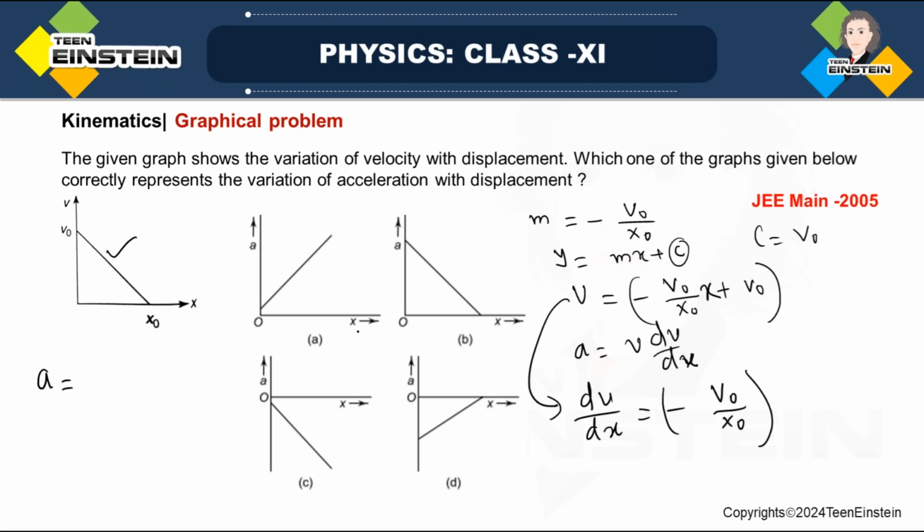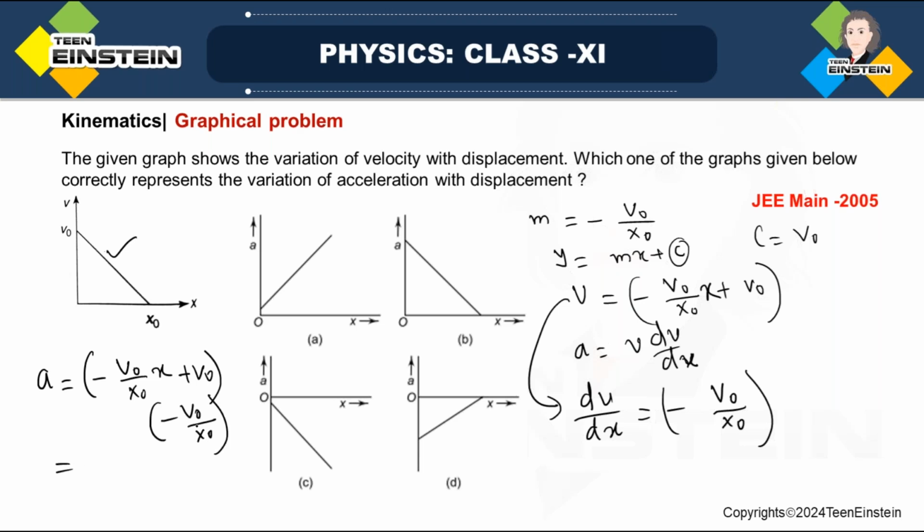A is equal to v, I'll write it here, minus v0 by x0 x plus v0 into this dv dx. dv dx is minus v0 by x0.